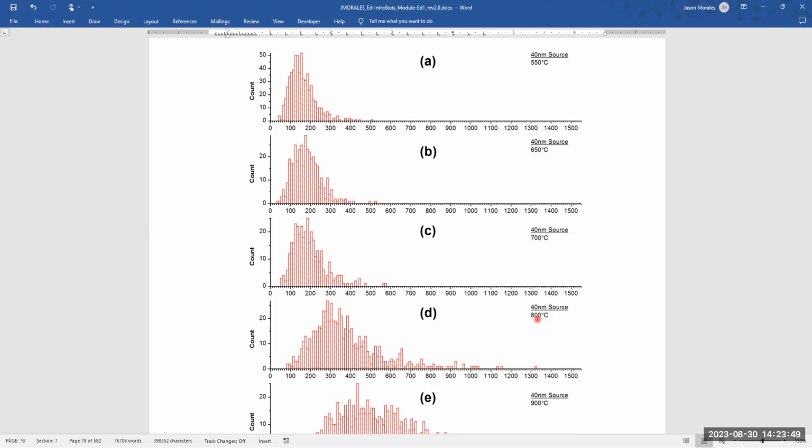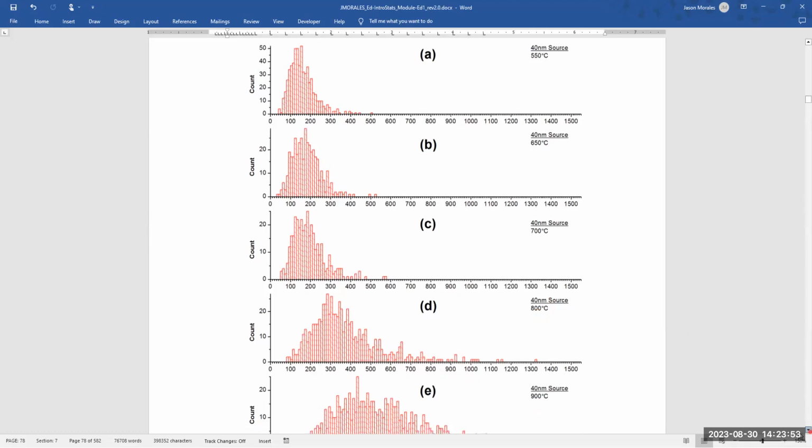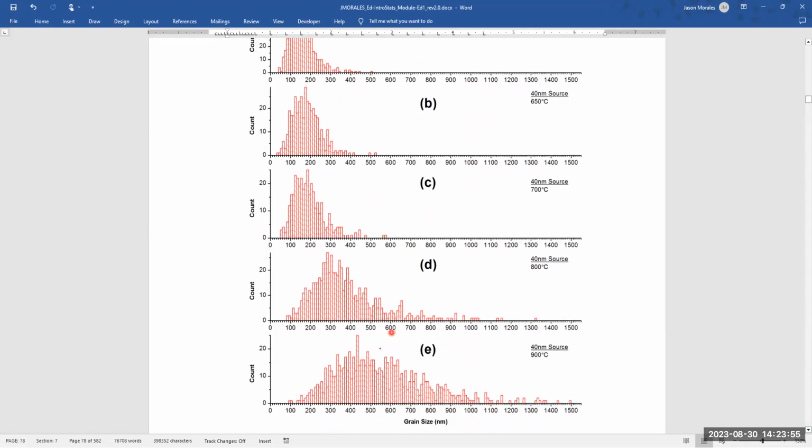And if I go to an even higher temperature of 900, all right, you can also see that this histogram is continuing to shift to the right. The grains are growing, they're getting larger, and the distribution of those grain sizes is widening.